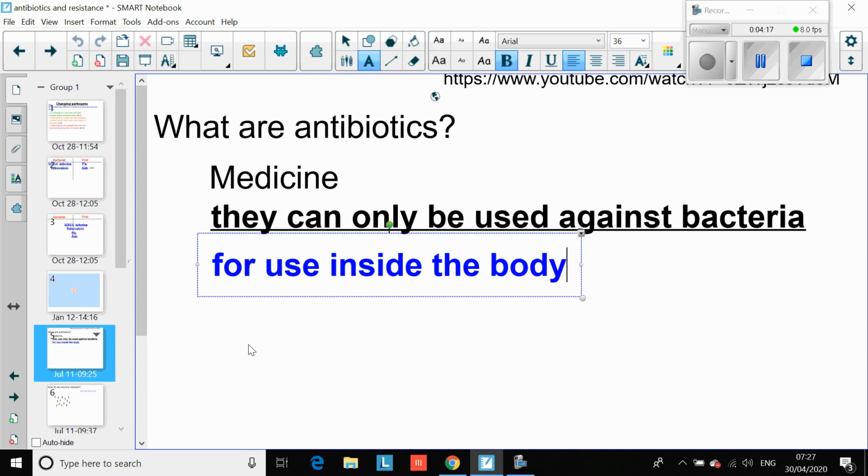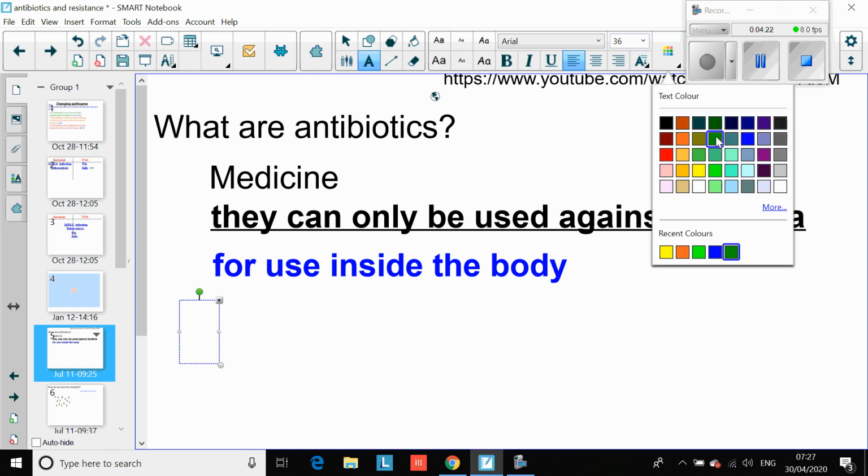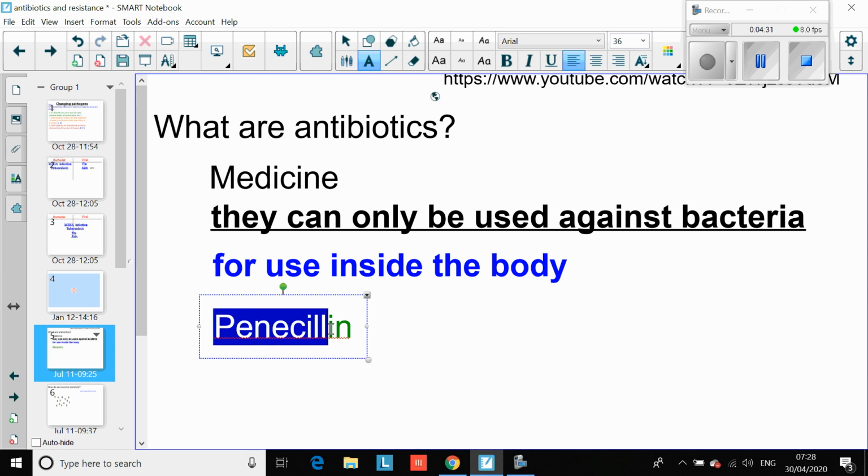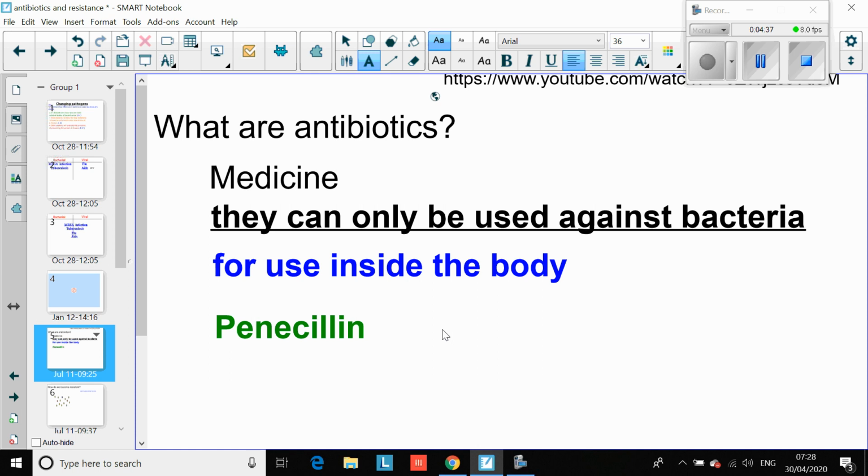So the very first antibiotic which was developed was, hopefully you picked this up, penicillin, which some of you have probably heard of. Originally penicillin was developed by mistake by mold. However, quite a good mistake, because during the First World War, more people were dying from infections from their wounds than from the actual wounds themselves.